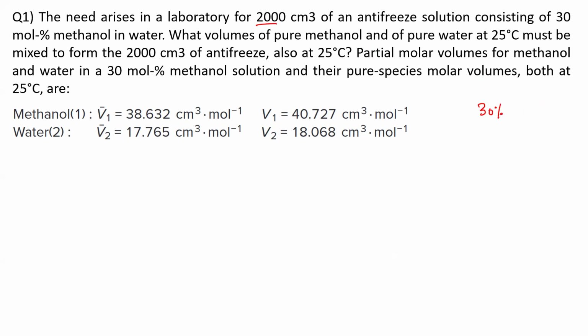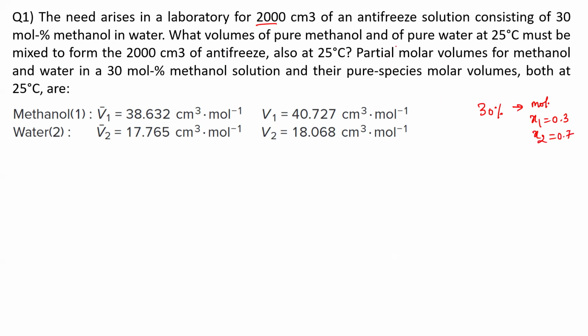When you buy chemicals, it will be mentioned, for example this is 90%, 10% is the rest. Here it is explicitly mentioned mole percent, but generally 30% given without any mention means mole percentage. So x1 is equal to 0.3 and x2 is equal to 0.7.